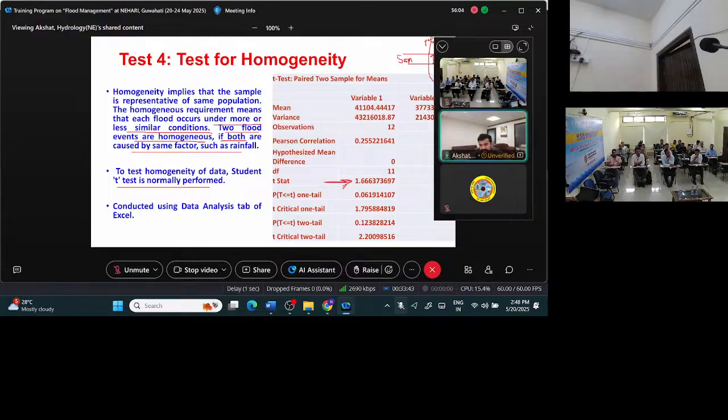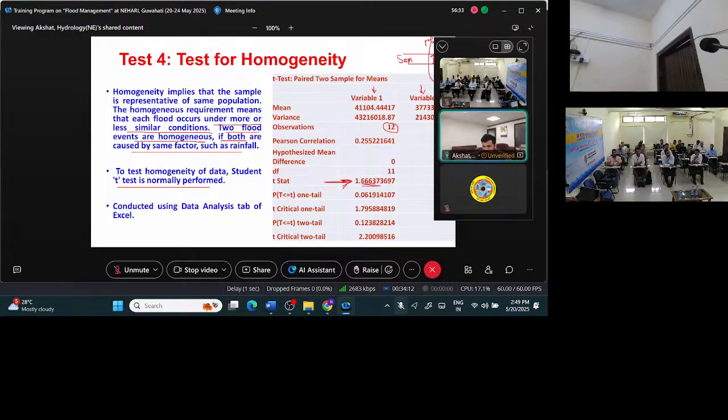Before going to the t-stat, I should tell you about variable 1 and variable 2. If we have 24 years of data, we divide it into two parts: the first 12 years and the second 12 years. We compare these two series of 12 years of data each, and on the basis of that, we compute the t-stat.